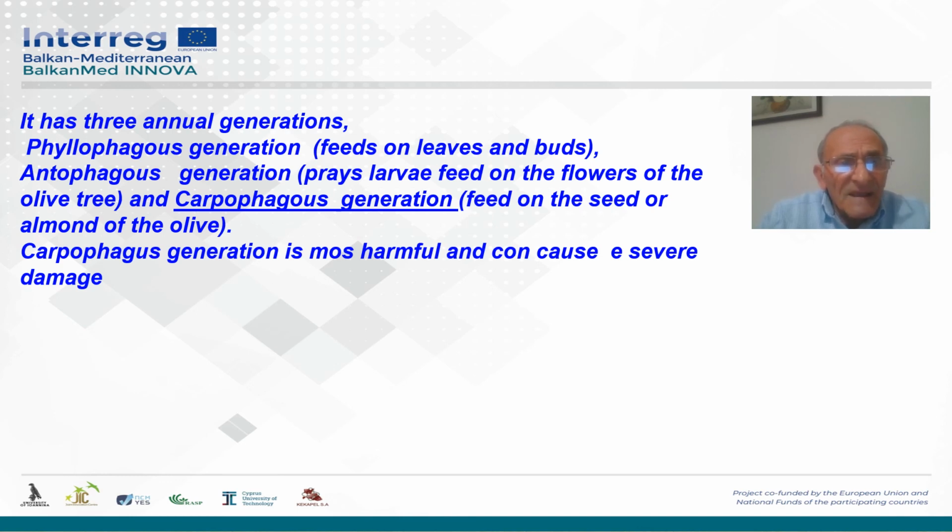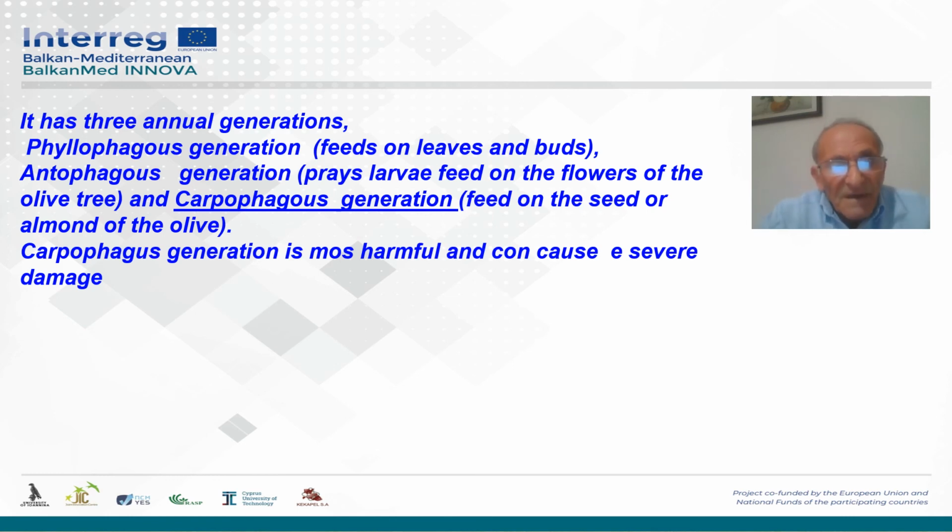Prays has 3 annual generations. The phyllophagous generation feeds on leaves and buds. The anthophagous generation, the Prays feeds on the leaves and flowers of olive. And the carpophagous generation feeds on the seeds and almost the whole olive. The carpophagous generation is the most harmful and can cause several damage.